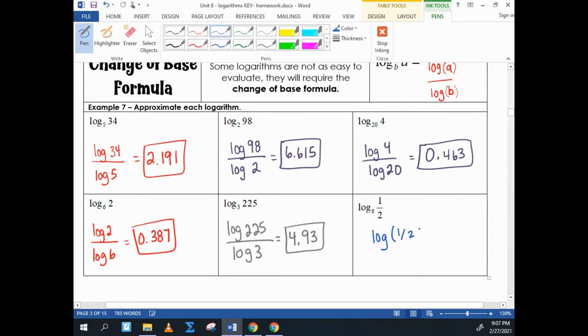So just put that 1 divided by 2 in, and then close the parentheses, and then divided by the log of the base, which was 8. So log of 1 divided by 2, close parentheses, divided by the log of 8, and you have negative 0.3333. And it keeps going forever, or negative 1/3.